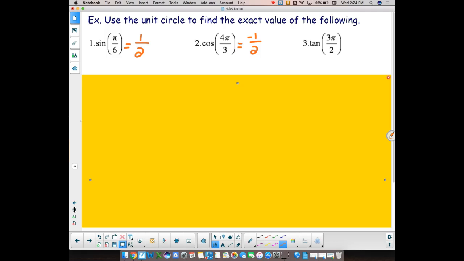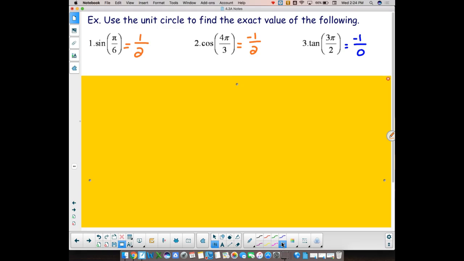So the y value at 3 pi over 2 is negative 1. The x value at 3 pi over 2 is 0. So what does that equal? Undefined. Very good use of the word undefined. Okay? When we're dividing by 0, we call that undefined.